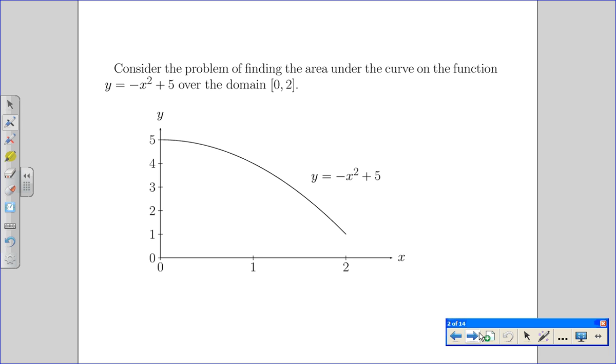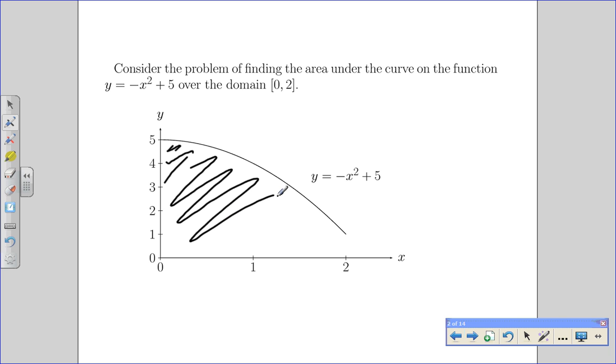So what we're going to do is chop this area in here, because we'd like to know what this area is. We're going to chop it into some shapes that we can calculate the area of. And that shape is going to be a rectangle. So I'm going to chop it into any number of rectangles I want.